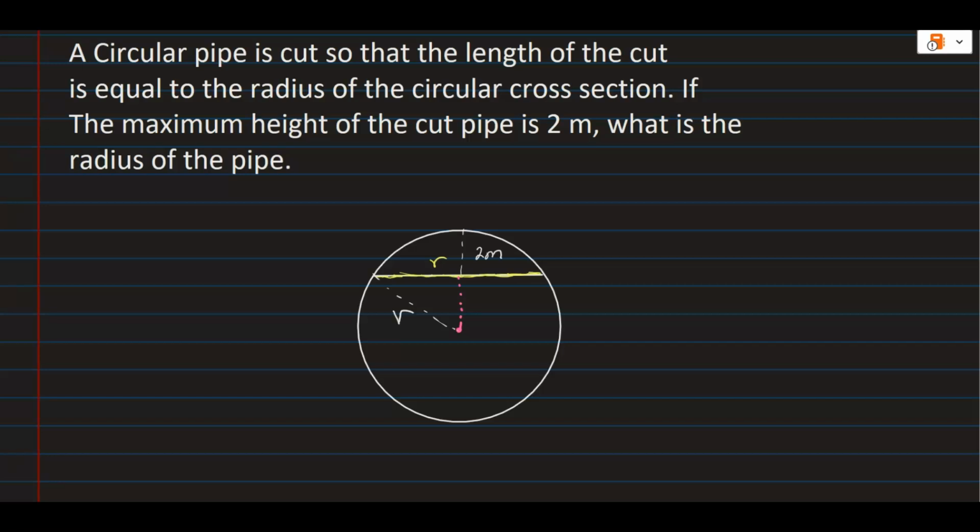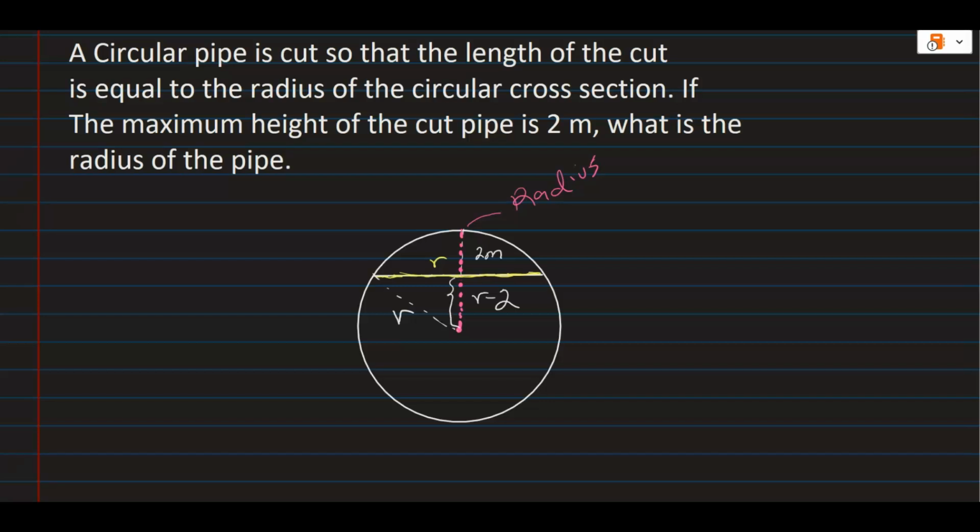We know that this length from here to here, the red portion of the radius, is part of the entire radius. So be aware that this entire thing, from here all the way to the top, is actually the radius. So the way we write it is the radius minus 2 will give us this part right there.